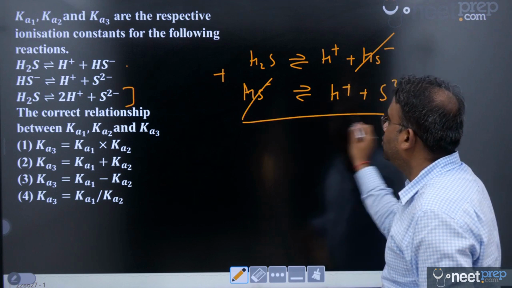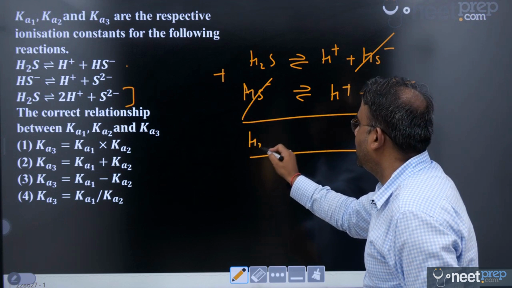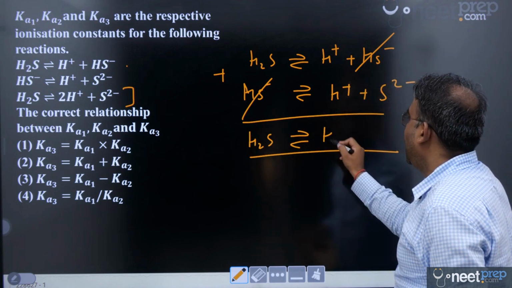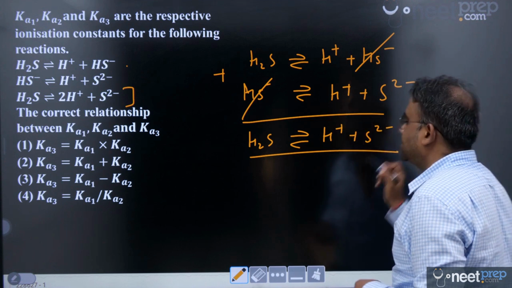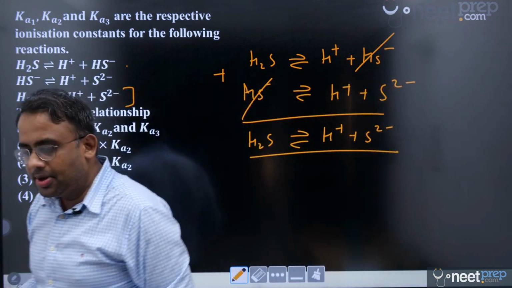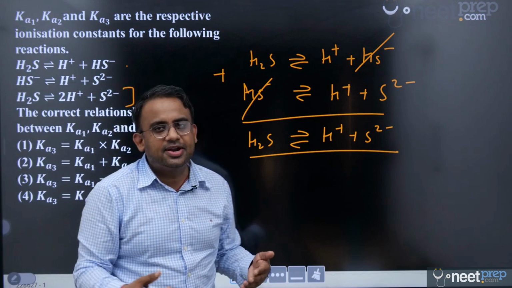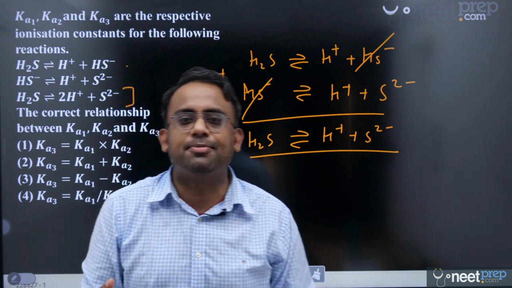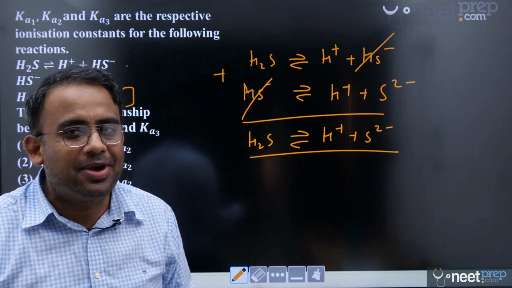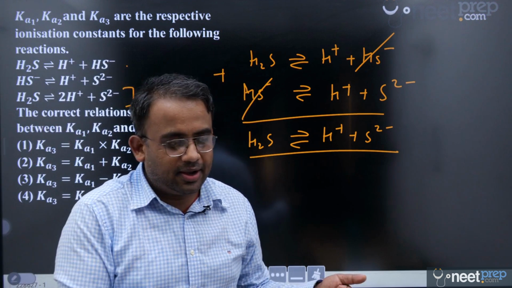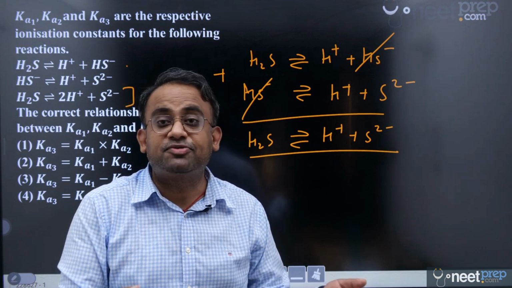These two will cancel out and this will be my result. And it is the property of equilibrium constant: if two equilibrium reactions are added, then the equilibrium constant of the new reaction is the multiplication of the equilibrium constants of those reactions which we have added.